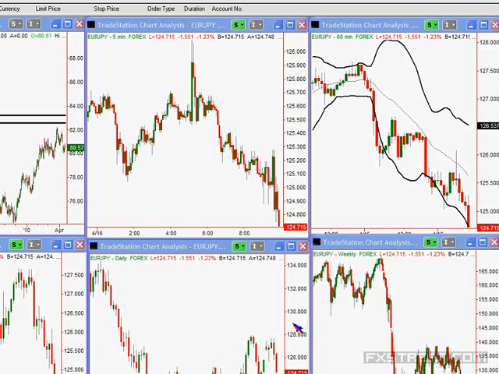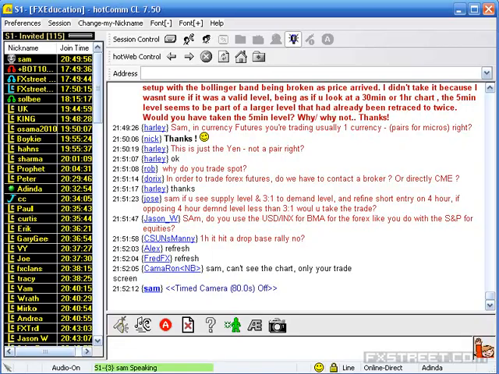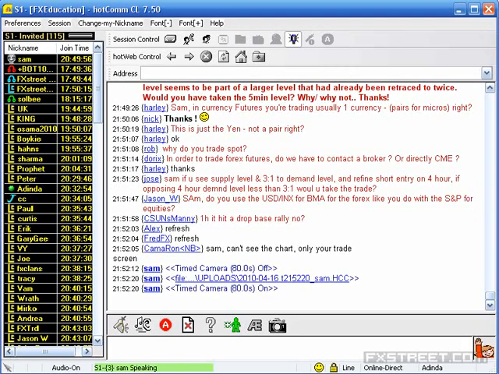Now, one of the big odds enhancers we want to look at. Remember, this chart that we're looking at now is the spot Forex.